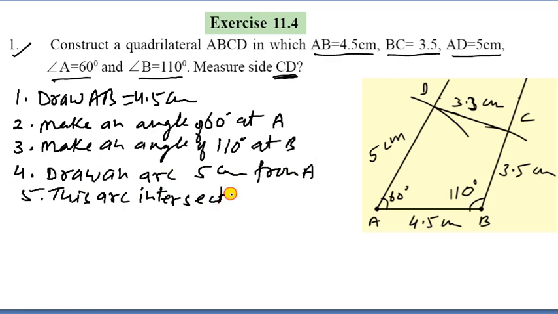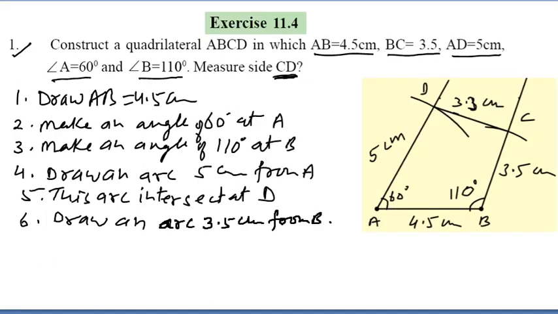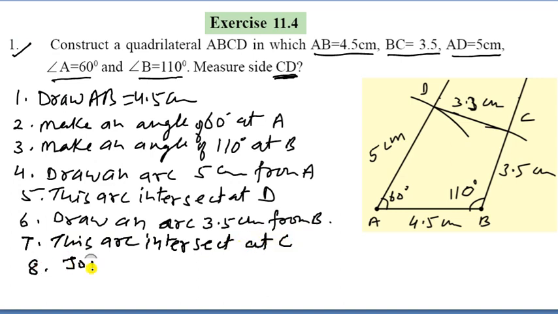Fifth, this arc intersects at D. Sixth, draw an arc of 3.5 centimeters from B. Seventh, this arc intersects at C. Join CD.